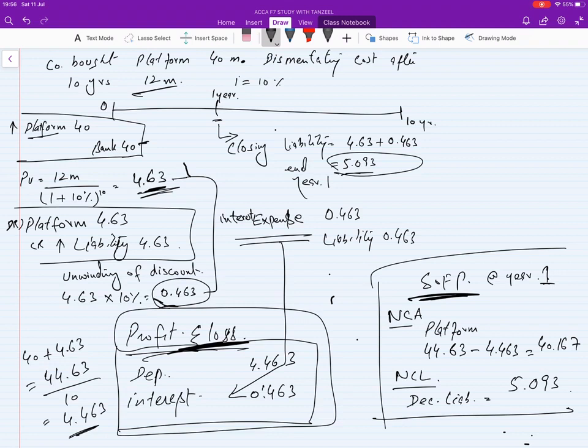It is best if you practice more on this. So I'll give you the overview. 40 million was paid before and 12 million you're going to spend after 10 years.